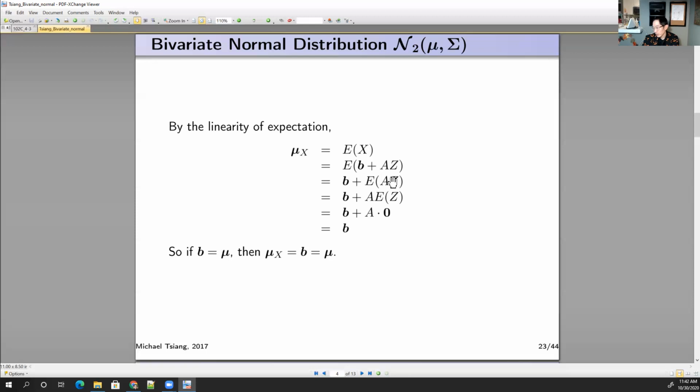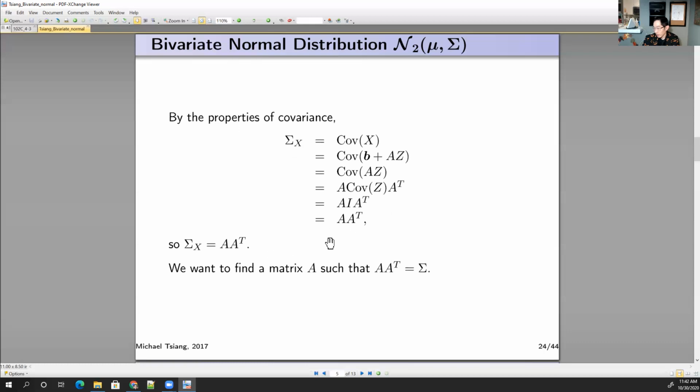Z is the coordinate of two independent standard normal values, and so the expectation of z is the 0 vector. And so the expectation of x just ends up being b. So the mean of our x variable is b, and if we want the mean of x to equal mu, we set b equal to mu.